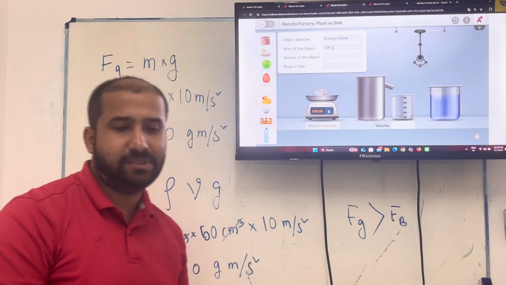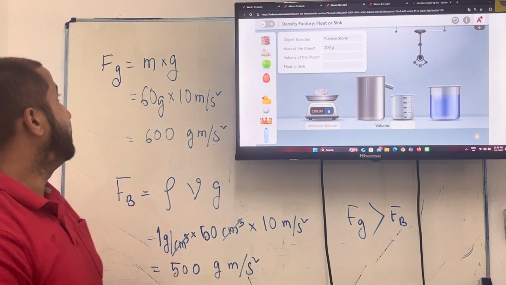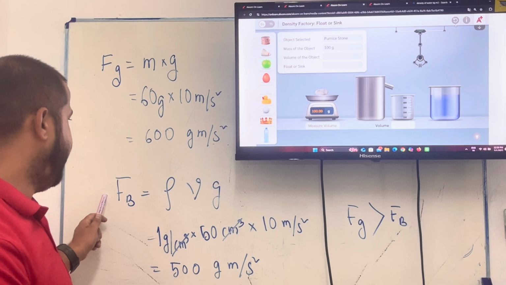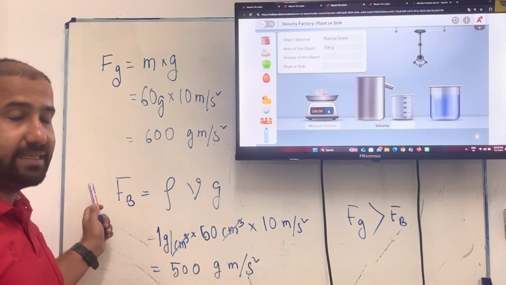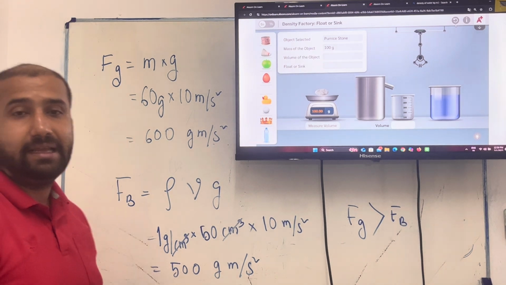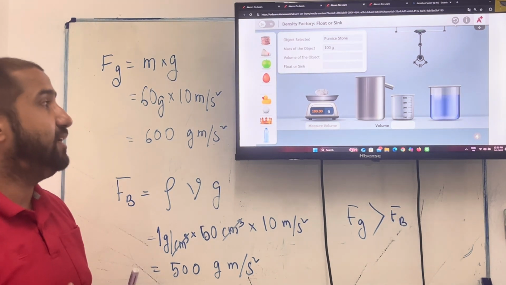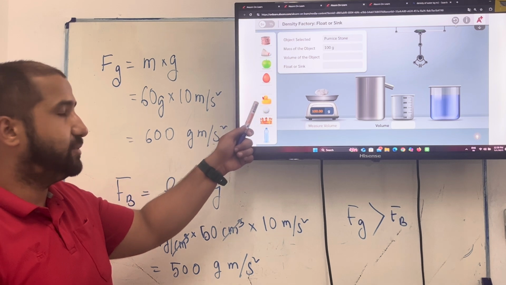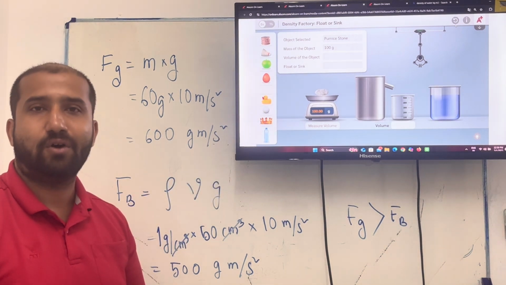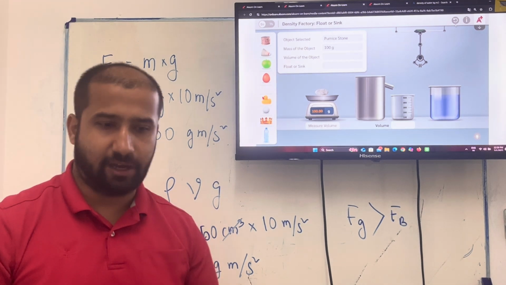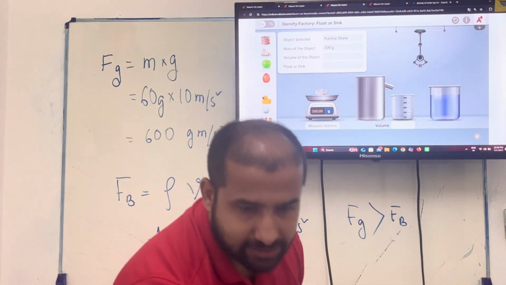So for all these objects, you will have to measure the force due to gravity, that is the weight of the object, and the force due to buoyancy, that is the upward force on the object when it is in the liquid, and then determine whether the object will sink or float for the last 4 objects. That will be your homework. Okay, so before we finish now, again let's go back.